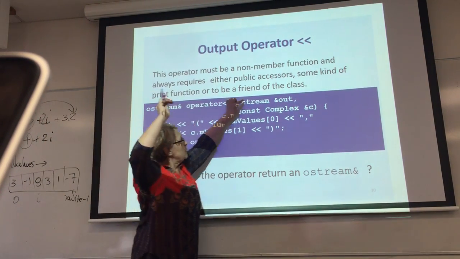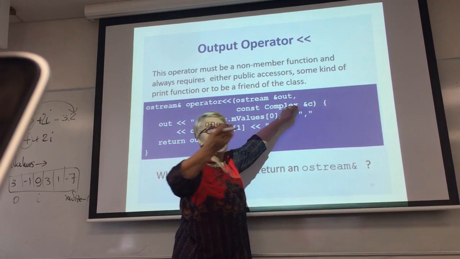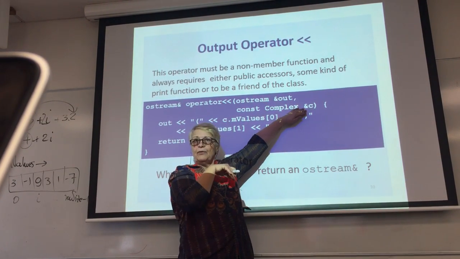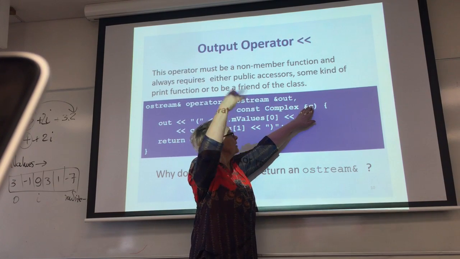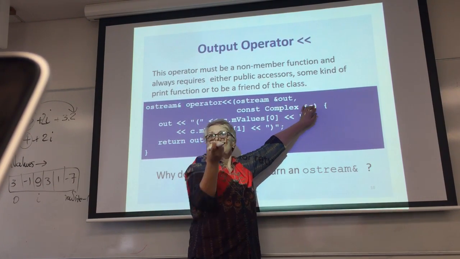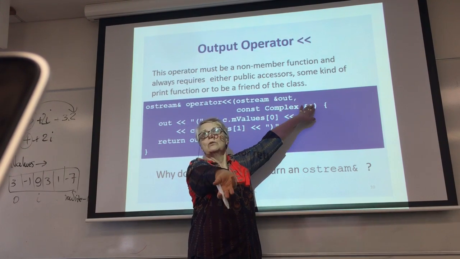Anyway, so this is the first argument. The second has to be an object of the type itself. We are implementing this operator overloading for complex type. Normally, we need to have a handle to what to display.